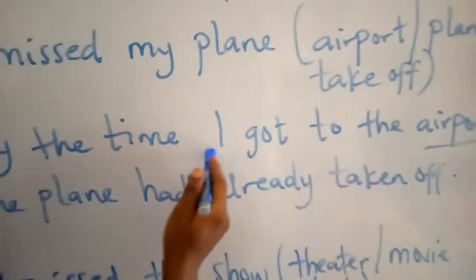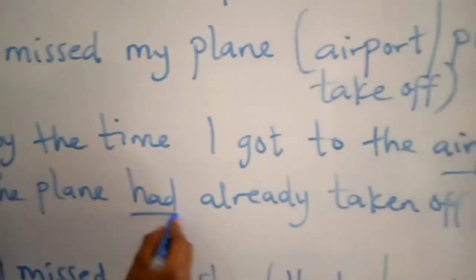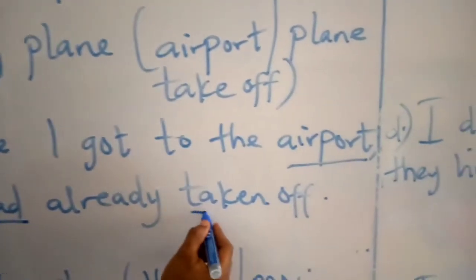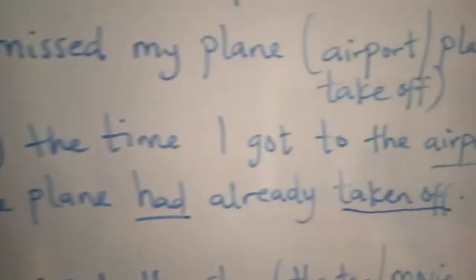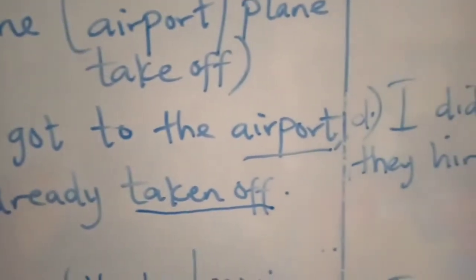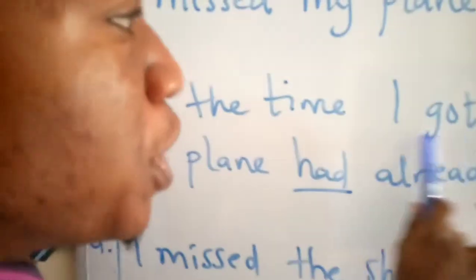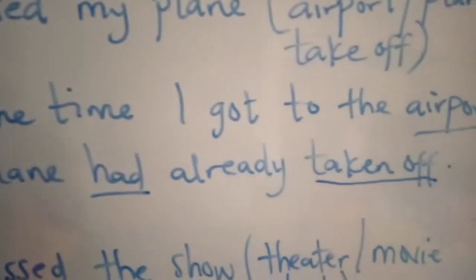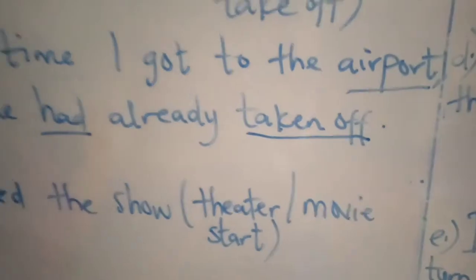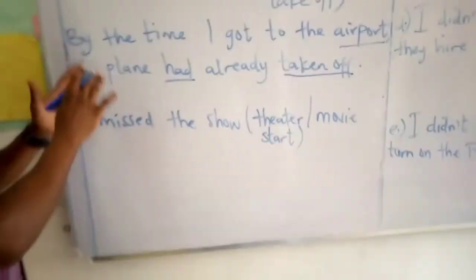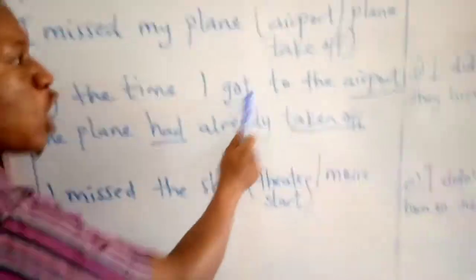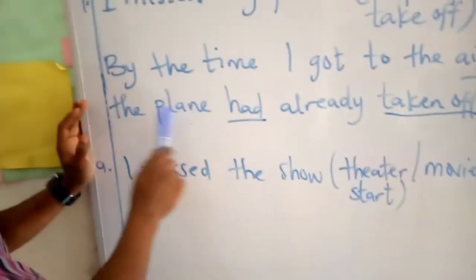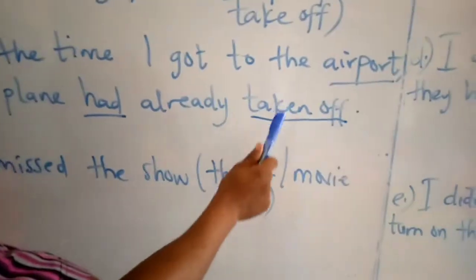By the time I got to the airport, the plane had already taken off. So you can see now. So we are asked to change to the past perfect in this manner. We must start with by the time to complete this in the past perfect. So, by the time I got to the airport, the plane had already taken off.